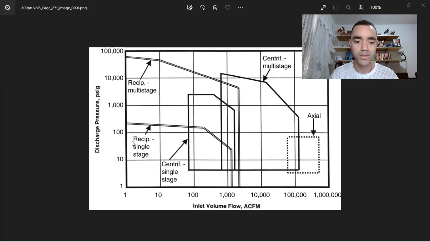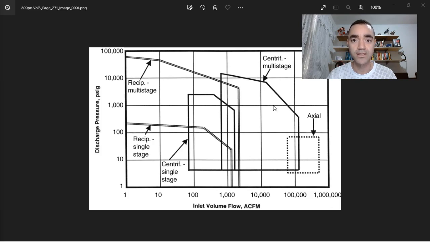And so on, you can see there are delimitations for the reciprocating compressor single stage, the centrifugal compressor single stage, etc.